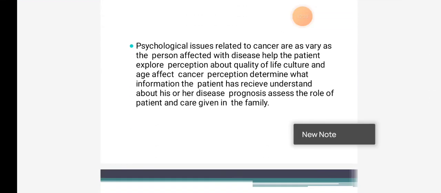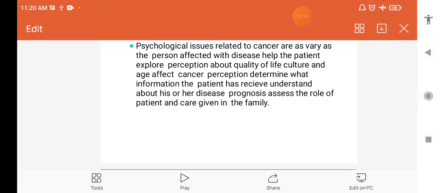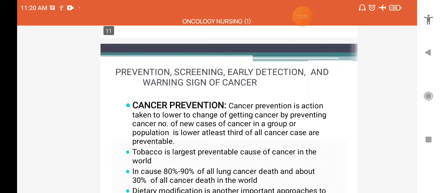Then important psychological issues related to cancer vary as much as the person affected with the disease. Help the patient explore their perception about quality of life. Culture and age will affect cancer perception. Determine what information the patient has received and understand about his or her disease prognosis, and assess the role of the patient and care given in the family. So these are some important aspects of assessment of a cancer patient.